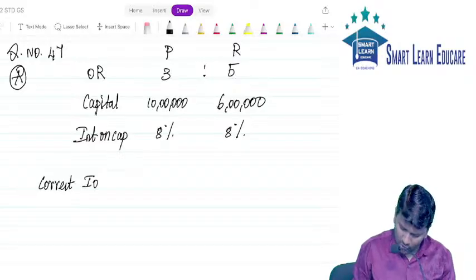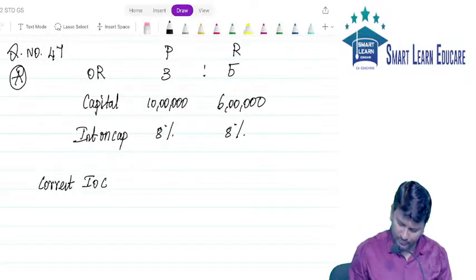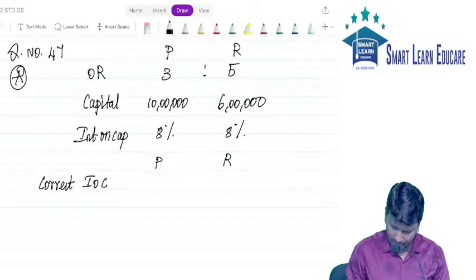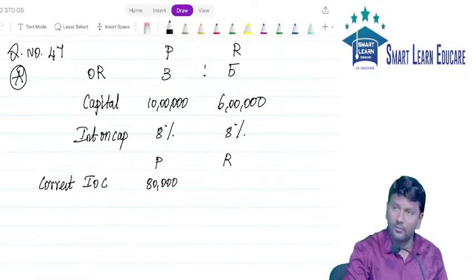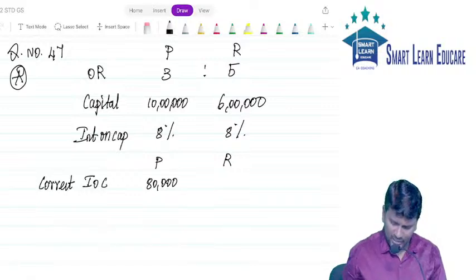What is the correct interest on capital of partner P? Partner P's correct interest on capital is 10 lakhs into 8%, which is 80,000.